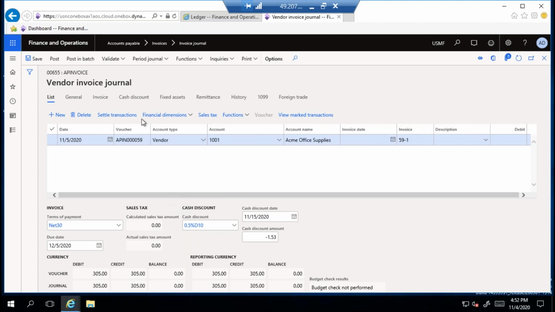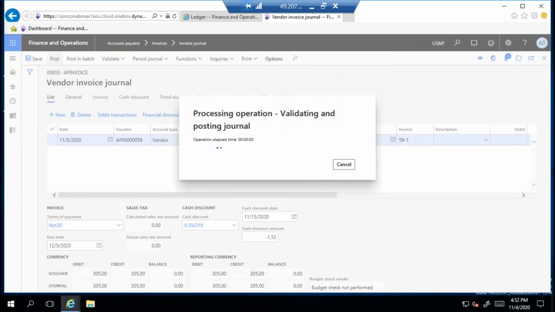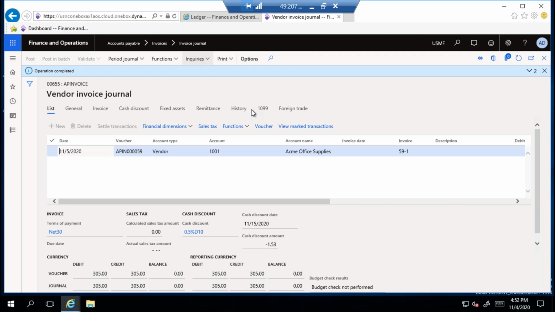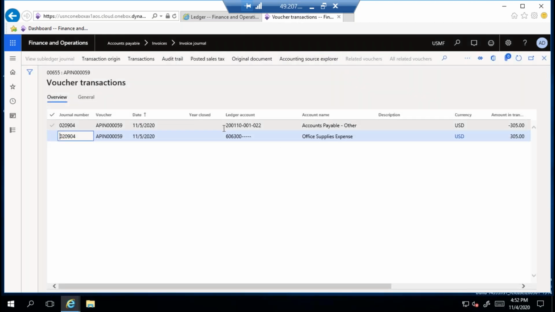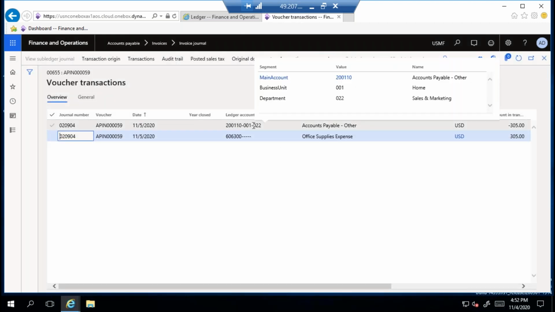So now I'm trying to post. If you verify the voucher, for the 2 series we have mapped dimensions, business unit and department.